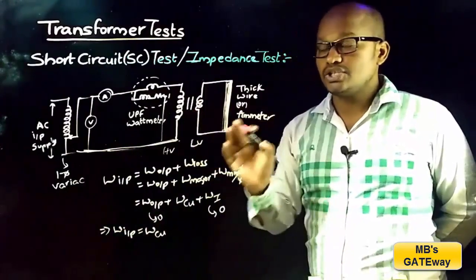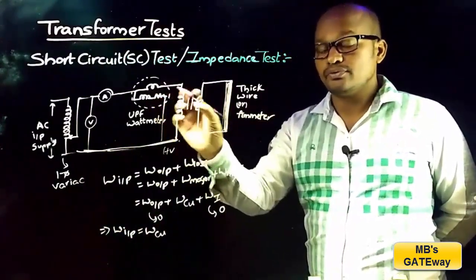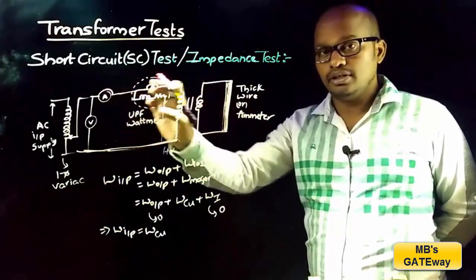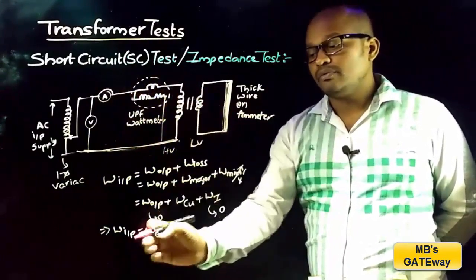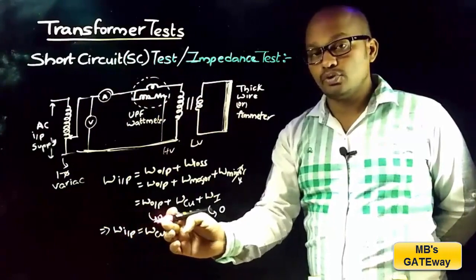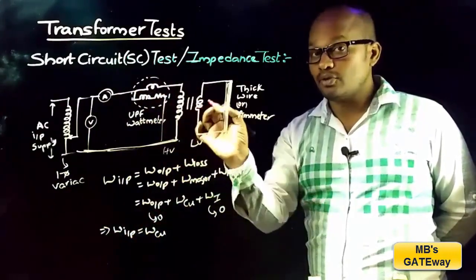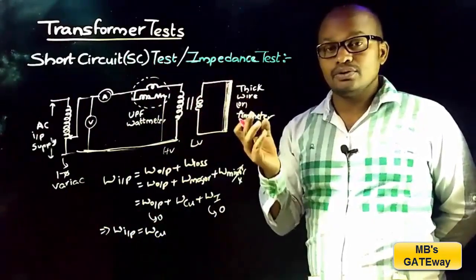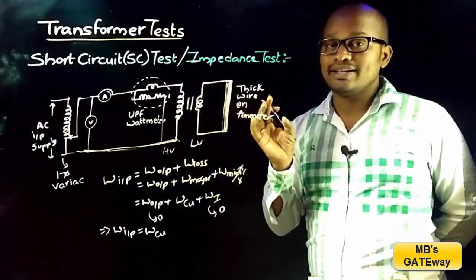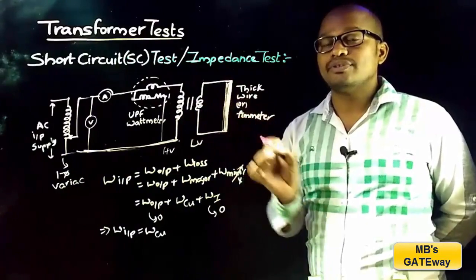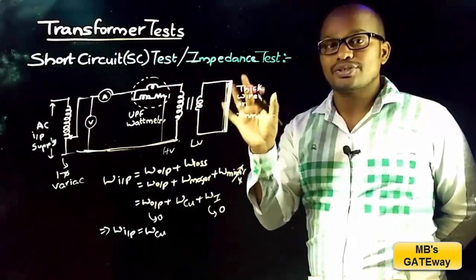And here in short circuit test, we are making use of UPF type of wattmeter to measure the input power. So from this relation, as input power is equal to copper losses, the wattmeter reading will indicate the copper loss of the transformer. This is how the series branch elements R01 and X01 and copper loss of the transformer are found from short circuit test.